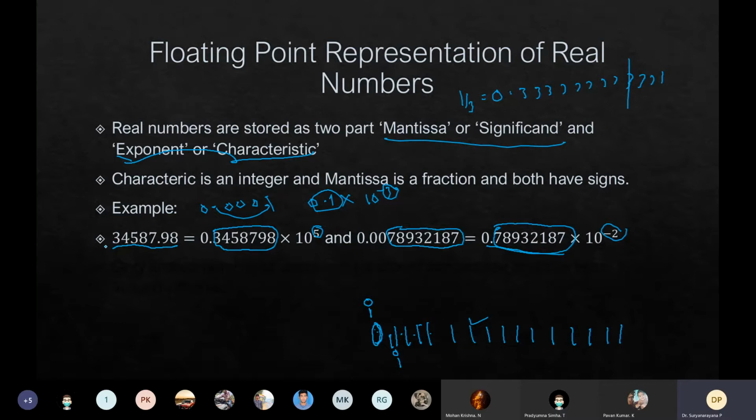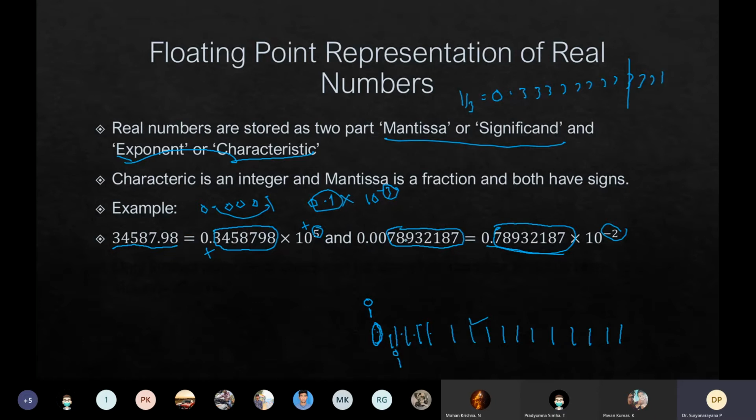So if you take it there, then you are dividing it by 10 to the 5, so you multiply with 10 to the 5. This number in the computer gets stored as 134,587 in the place of mantissa and 5. This is positive, and this is also positive.